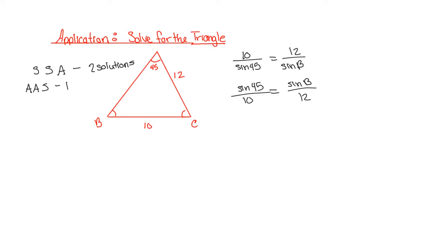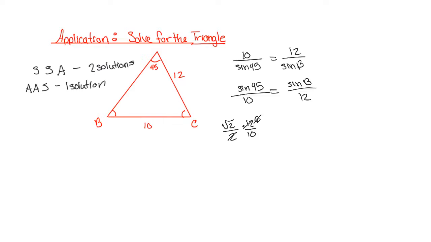This has one solution. In any other applications of opposites, we'll have one solution, but anytime that we have two consecutive sides and then the angle after that, that actually is going to give us two solutions. So when we go through and solve this, we're going to get sine of 45, remember, is the square root of 2 over 2. So we have the square root of 2 over 2 times 12, and then also divided by 10. So this gives us 6.